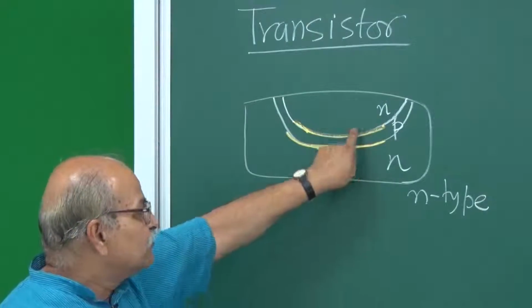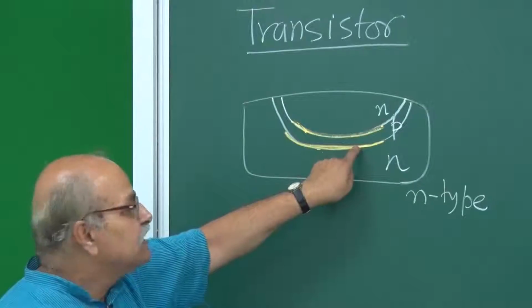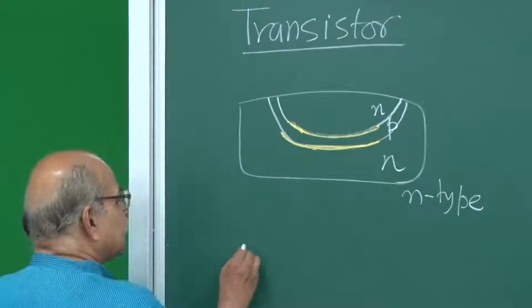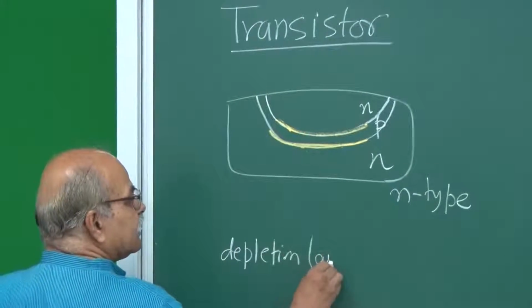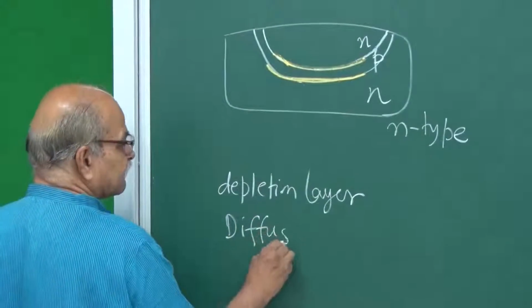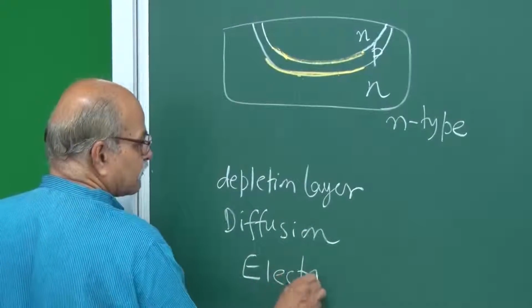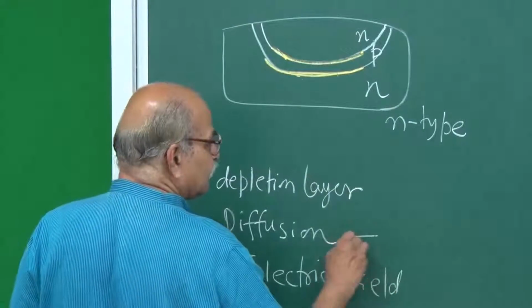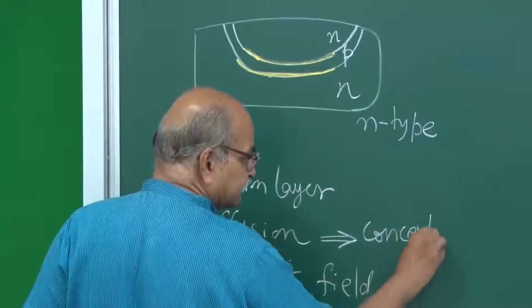At each of these two junctions you will have depletion layers, then you will have diffusion, then you will have electric field, and this diffusion will be related to concentration gradient. All these things we have done.